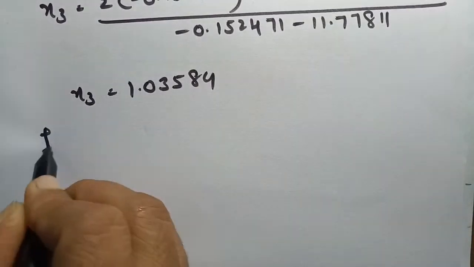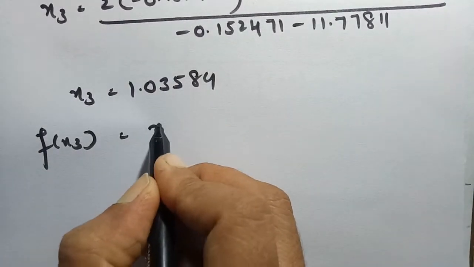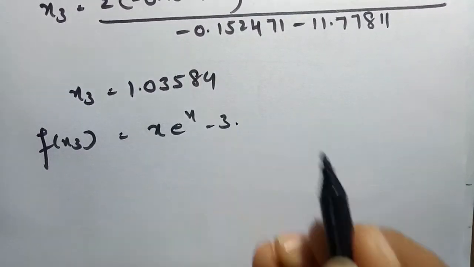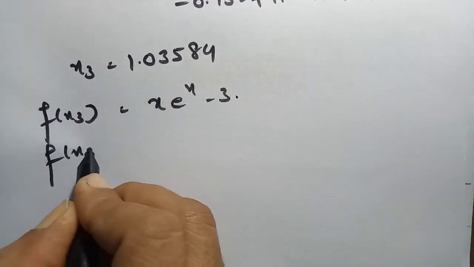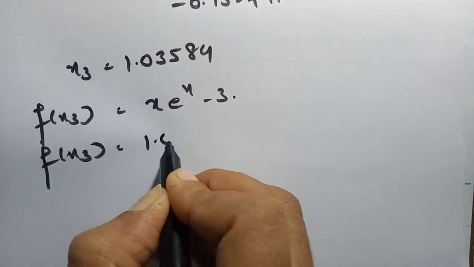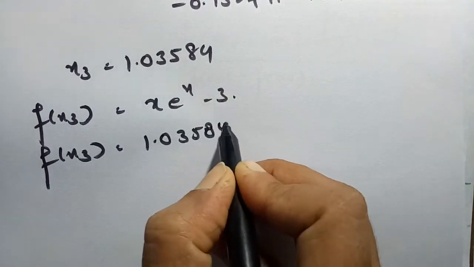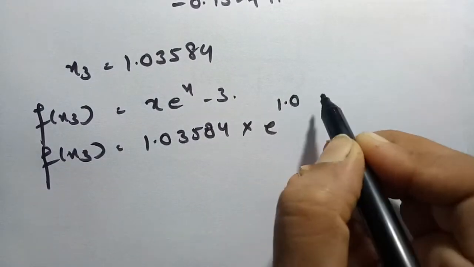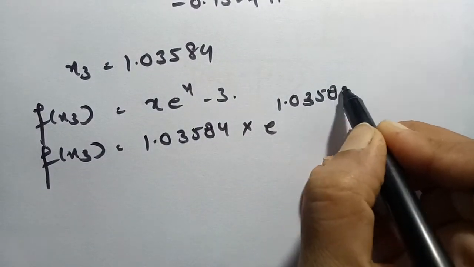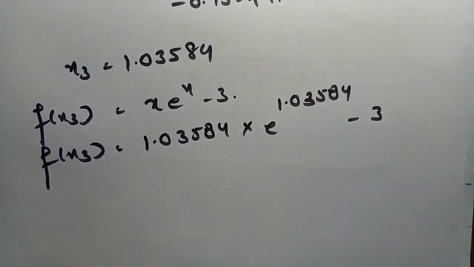Again I have to calculate f of x3, so that is x into e power x minus 3. So f of x3 value will be, what is our x value? That is 1.03584 into e power 1.03584 minus 3.